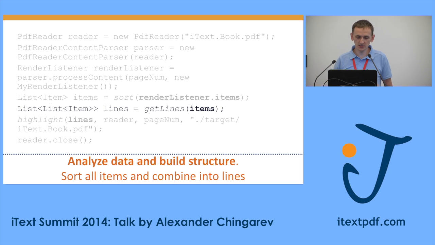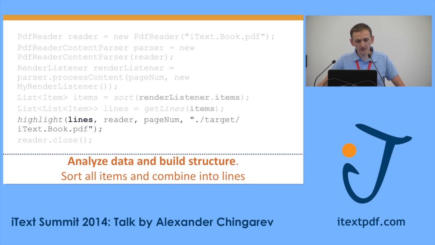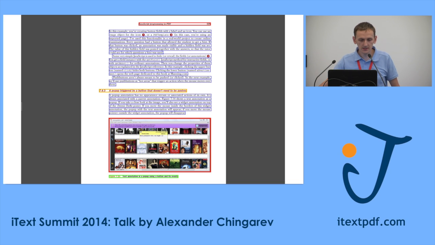We just need to see that they have more or less the same vertical coordinates and the items belong to the same line. And I have adjusted the highlight method a bit so that it takes not a list of items, but a list of lines. And this is our result of combining lines. You can see that the page is highlighted in the same way, but all the text items are combined into lines.